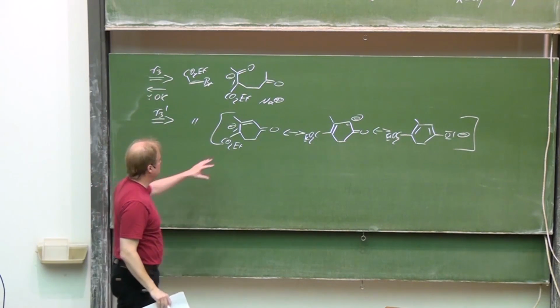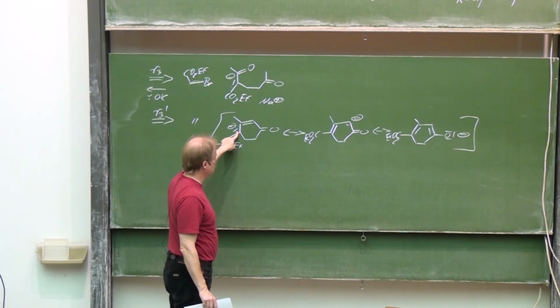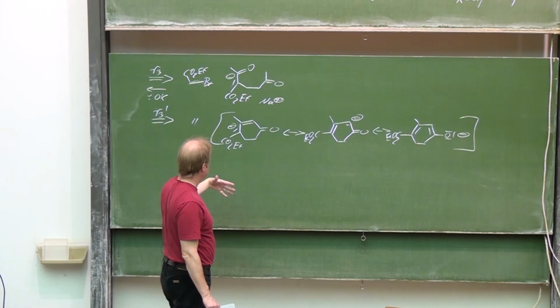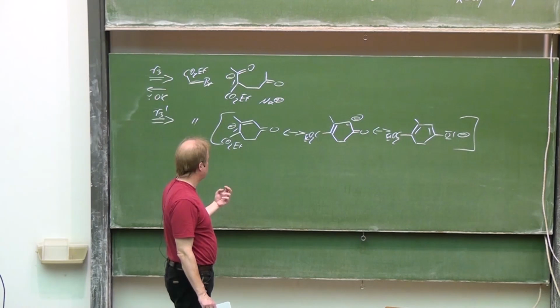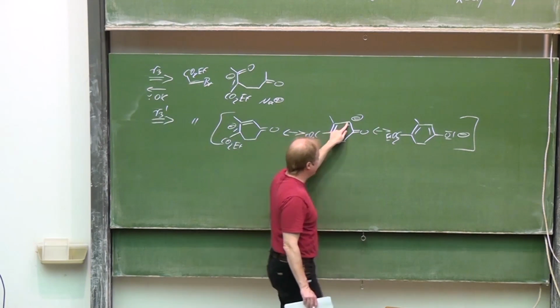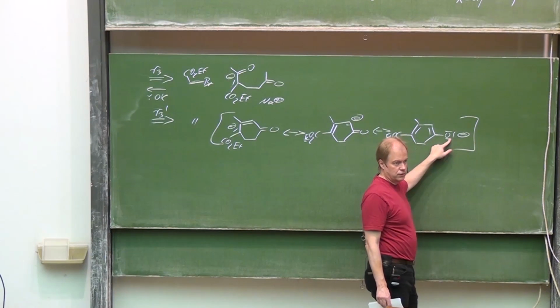So, if we have that ring system, we will deprotonate here, and overall we will have delta minus nucleophilic centers, 3 nucleophilic centers. This one, that one, and also the oxide.